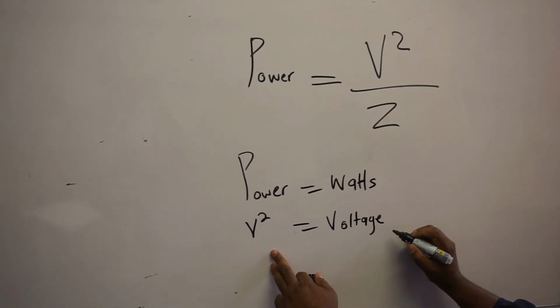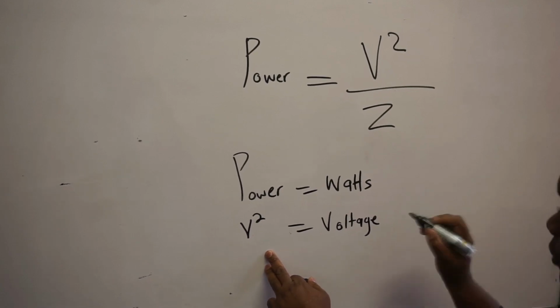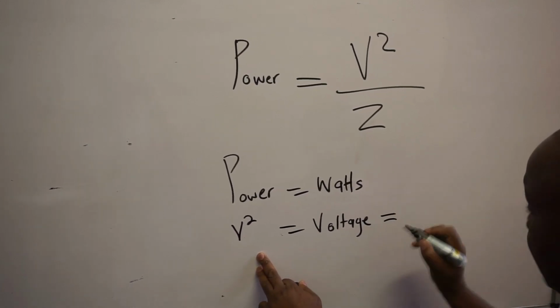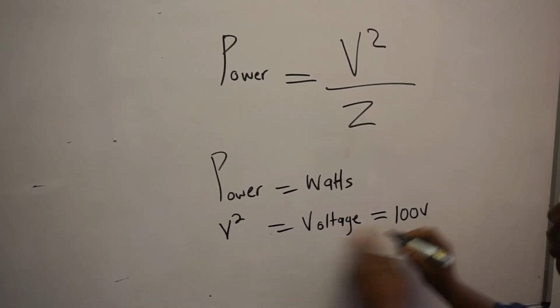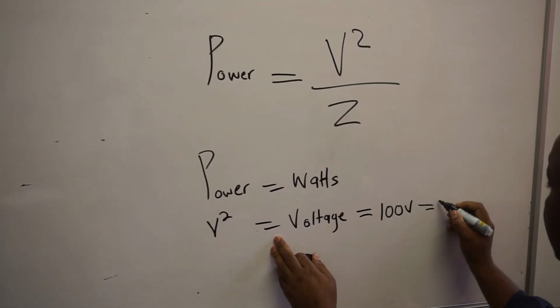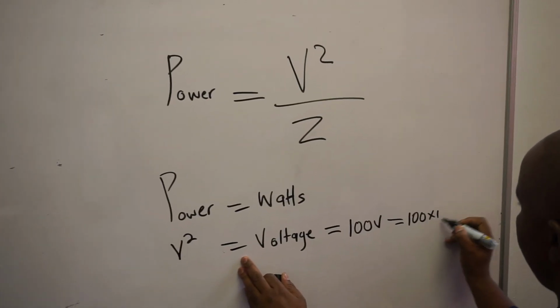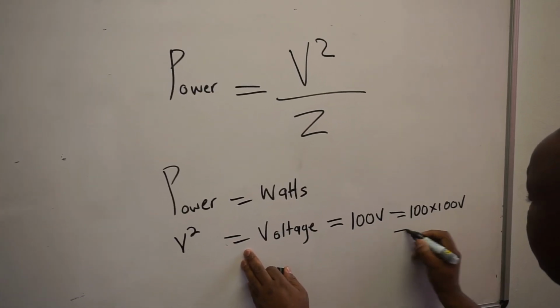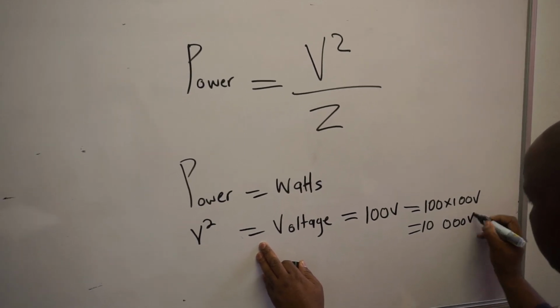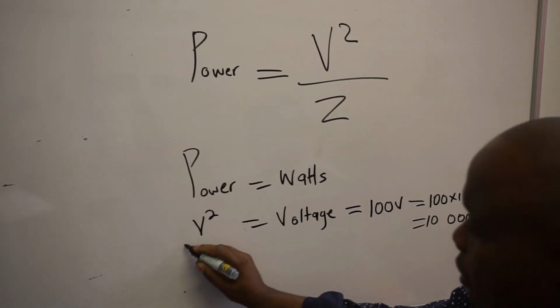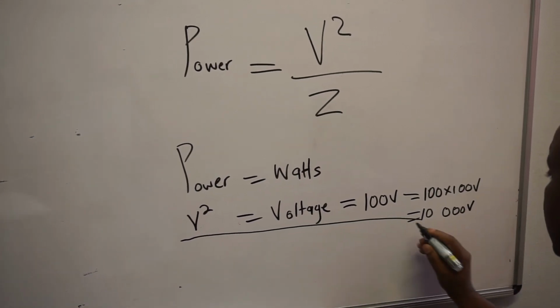Because we are using the 100-volt line, this voltage is constant, it doesn't change, it's always 100 volts. So V squared is 100 multiplied by 100 volts, which gives us 10,000. This stays constant.